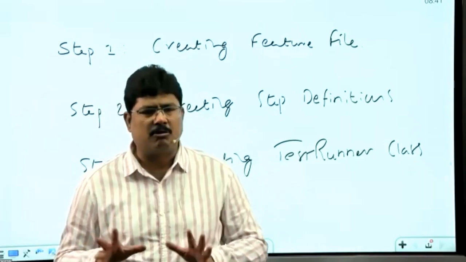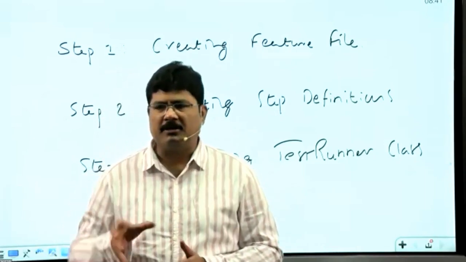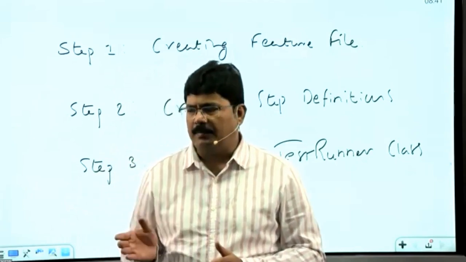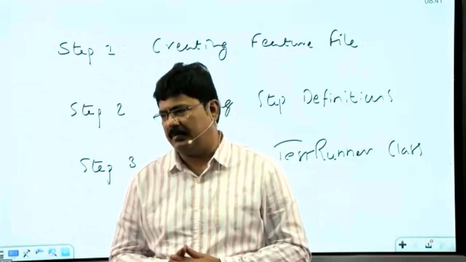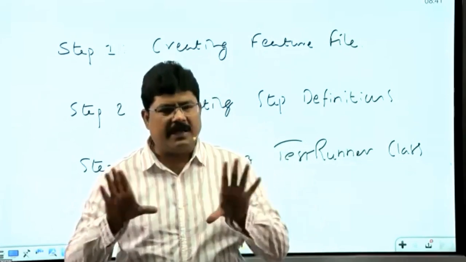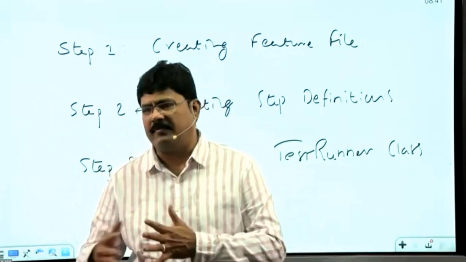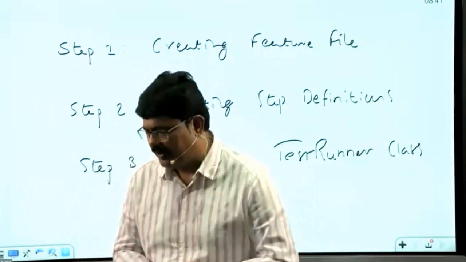First, you need to install the Cucumber plugin. Then you need to create a Maven project. Update the required dependencies into the Maven project, that is in the pom.xml. So what are the various dependencies required for Cucumber framework implementation? Make a note of it.